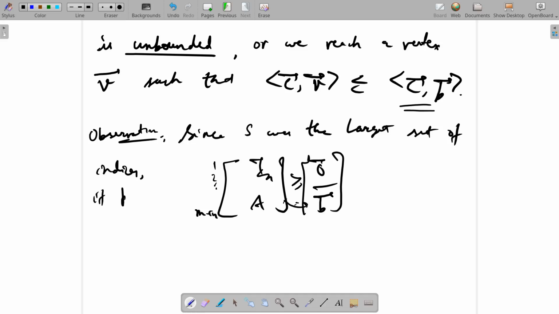then if Pj equals 0 for j not in S, what is that saying? Pj must otherwise be strictly bigger than 0, because these sign constraints are just saying it's bigger than or equal to 0.